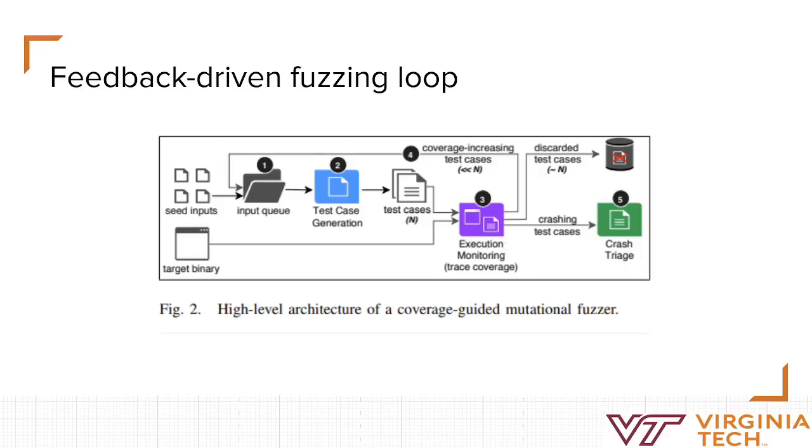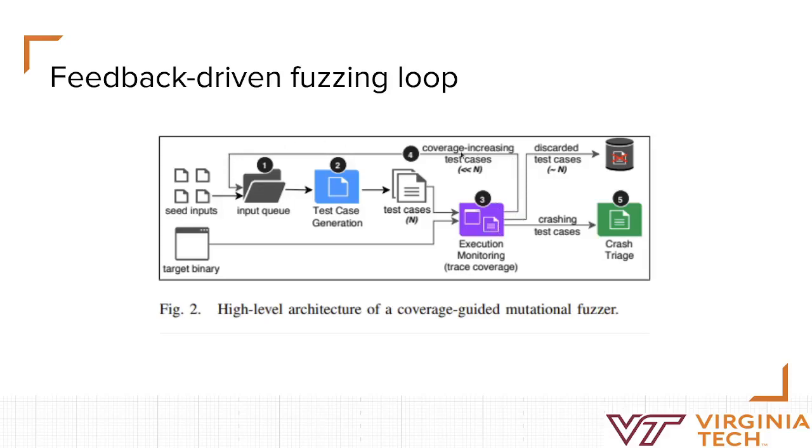We typically use instrumentation to detect which regions of the code in the target binary that test case is reaching, so that we can tell when a test case reaches a new, previously undiscovered region of the target binary. If that happens, then that test case is called a coverage increasing test case, and we can feed it back into this input queue.